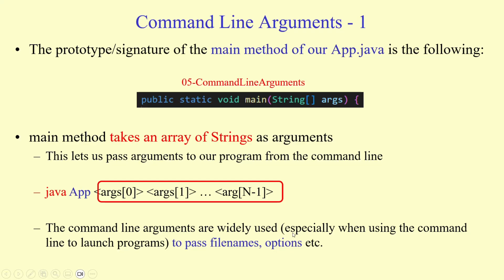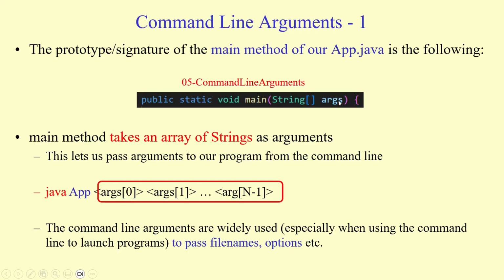Command line arguments are widely used, especially when using the command line to launch programs, to pass file names, options, etc. There is a difference though between C++ command line arguments and Java command line arguments. While C++ command line arguments have the name of the program as the first command line argument, in Java, the first command line argument is the first user supplied argument.